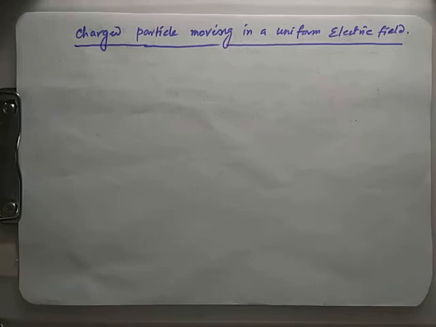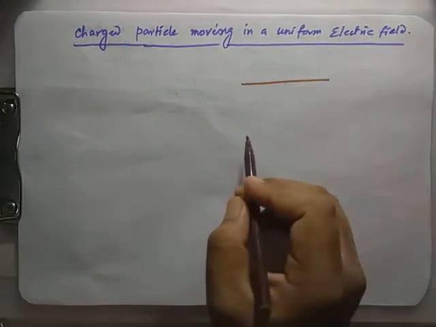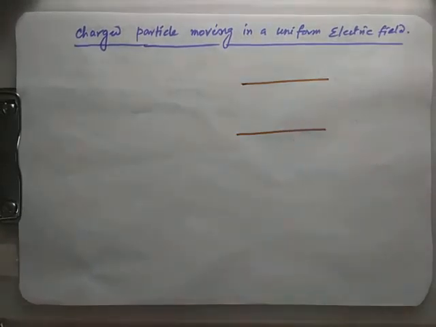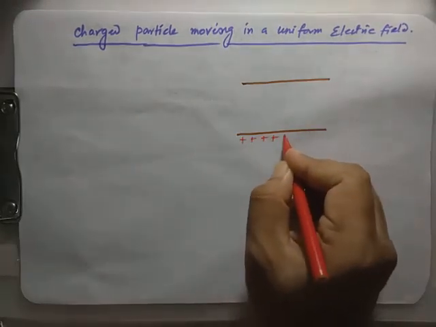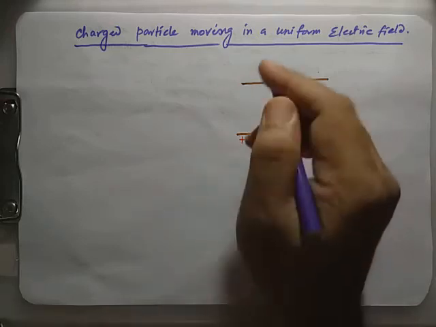For that you have to draw one diagram. Take two plates, this is one plate and this is another plate. Here the plus charges are there, and on the other side there are minus charges.